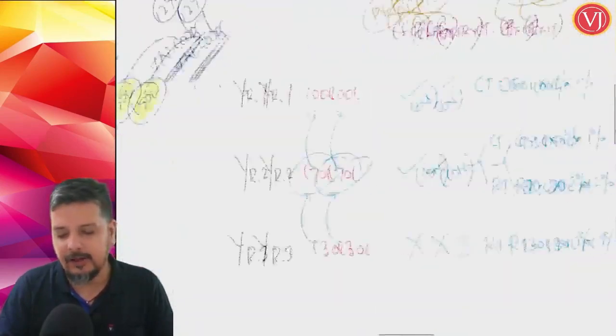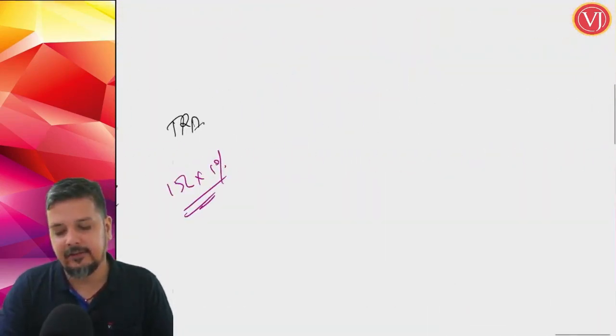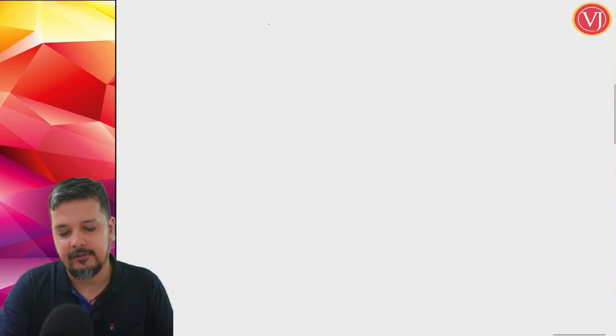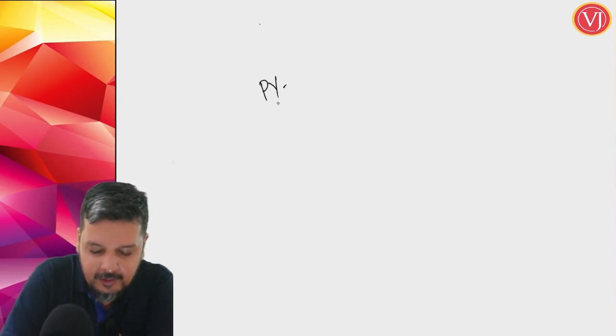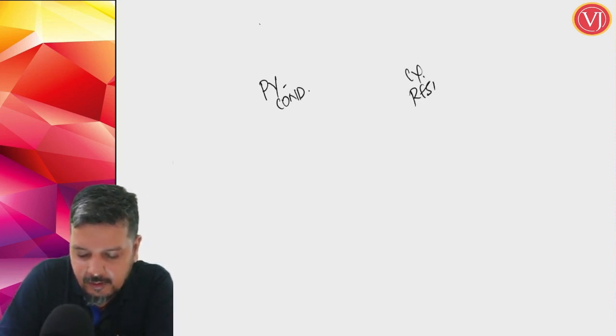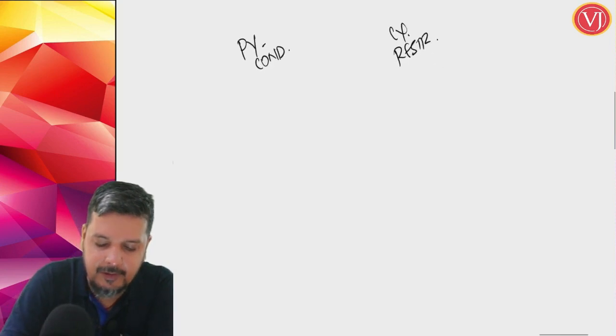Now what is that small area? Other conditions. What is the condition for you to enter composition scheme? Previous year conditions, current year restrictions. Tell me what all we have discussed.